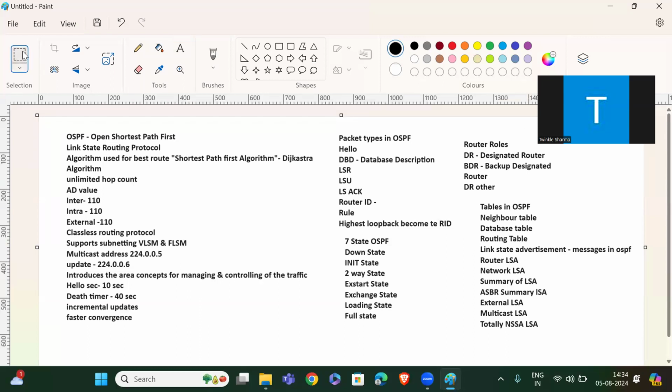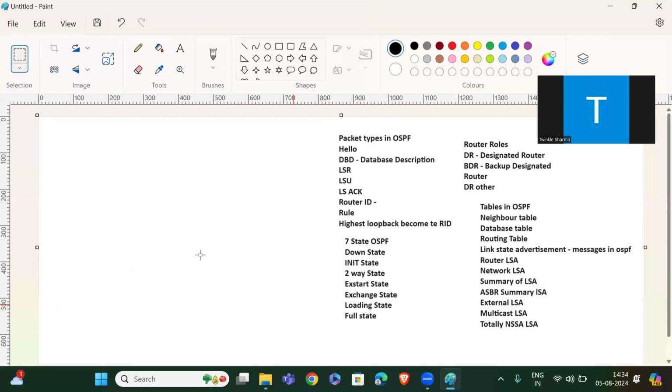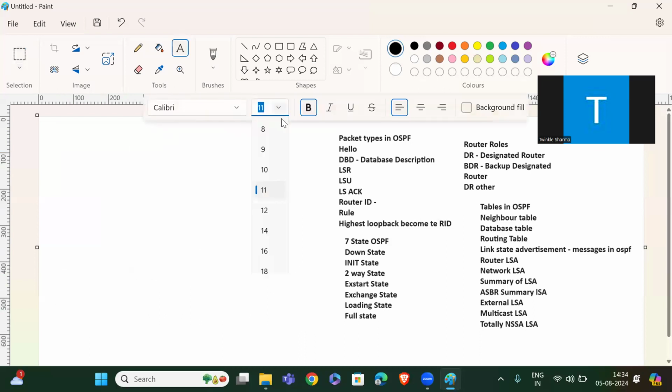Okay. Then we have the topic wildcard mask. What is wildcard mask? It is the inverse of the subnet mask.